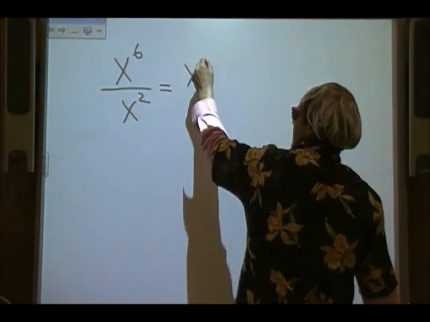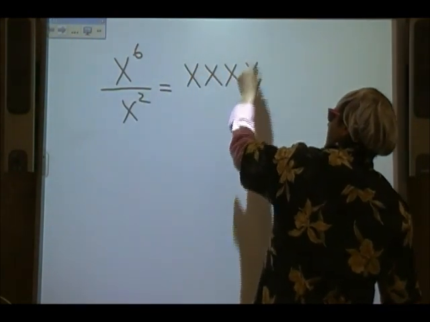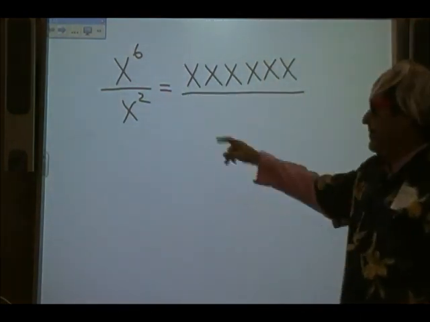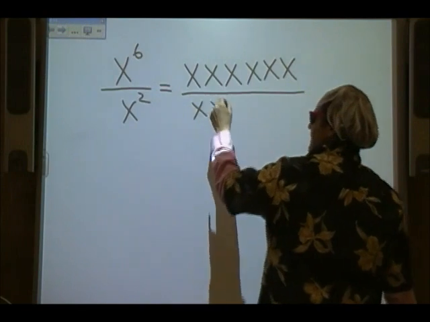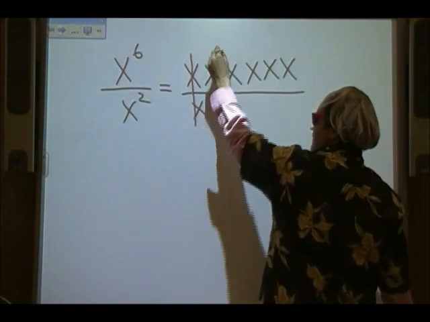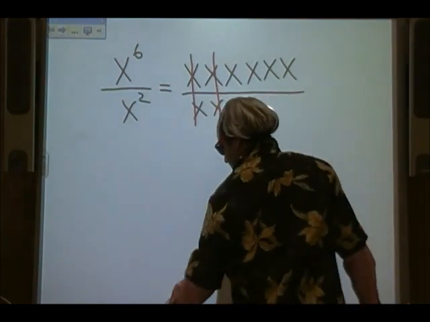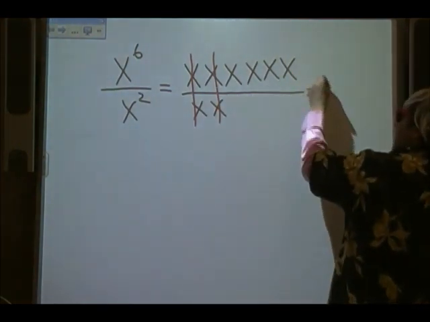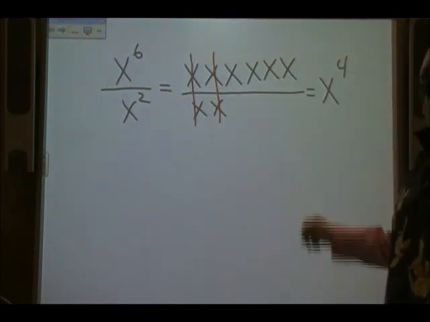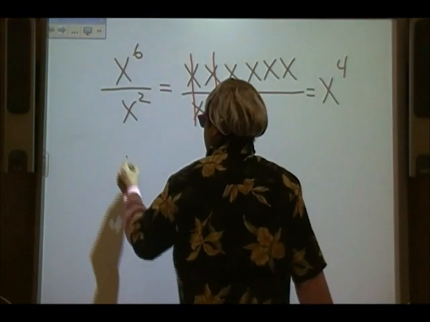X to the 6 is x times x times x times x times x times x. There's 6 of them. And what is x squared? X times x. Well, look what happens. These cancel and these cancel. And what am I left with? X to the 4th.